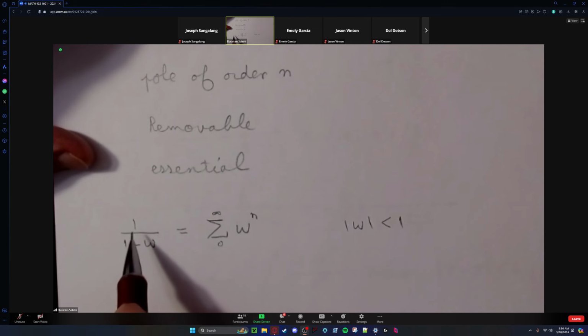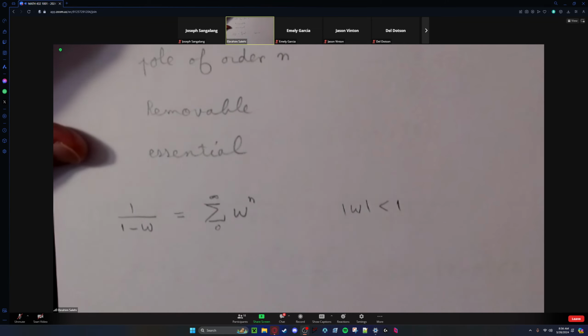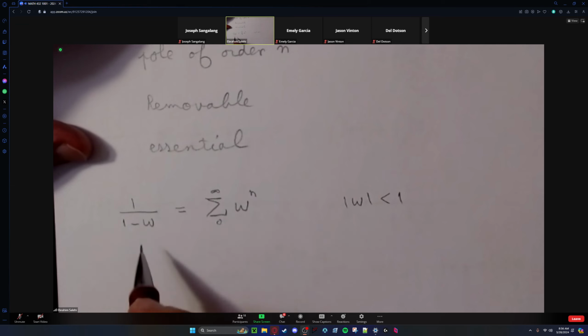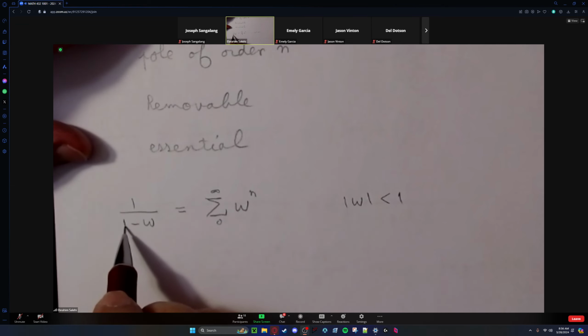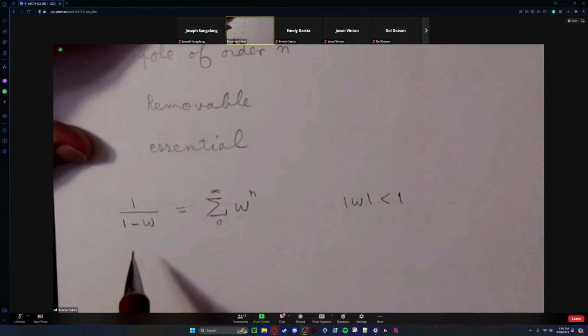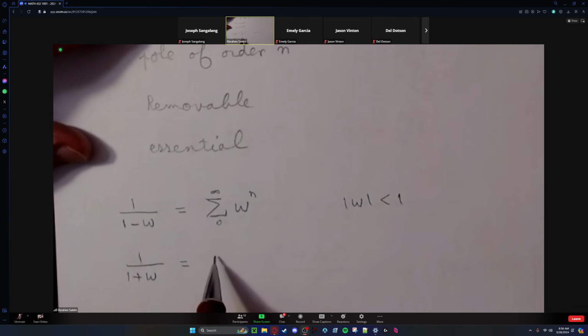So if I want to use this one, by the way, this one has a counterpart: when you replace W by minus W, you will get this one. So you got to know these two by heart.